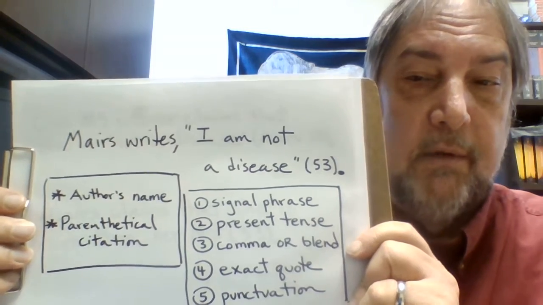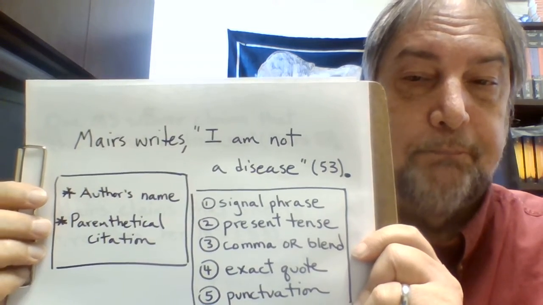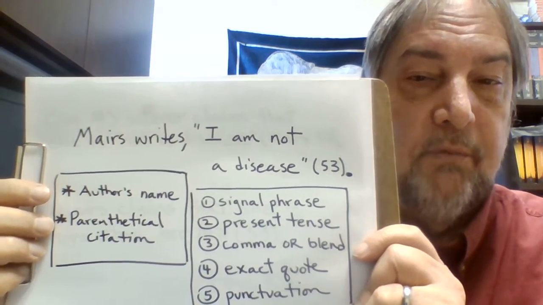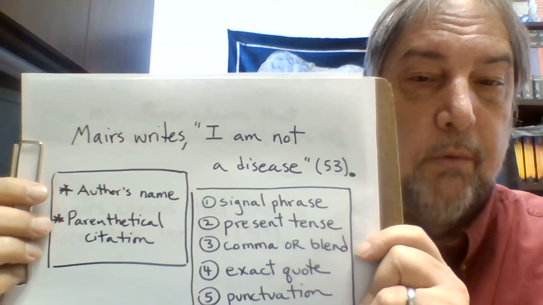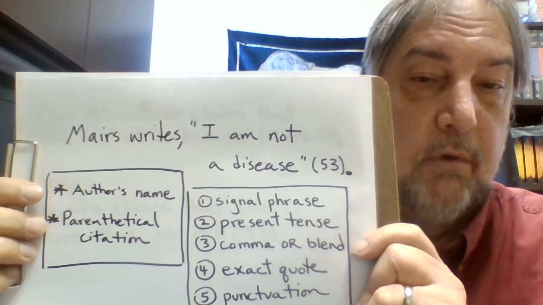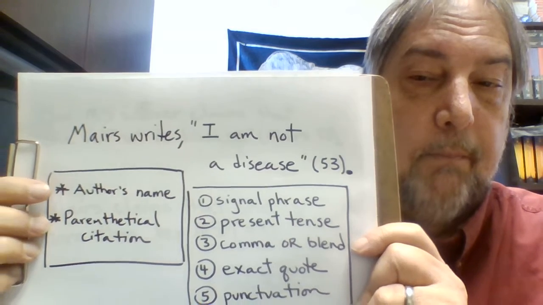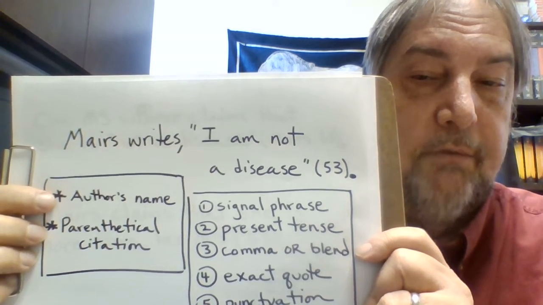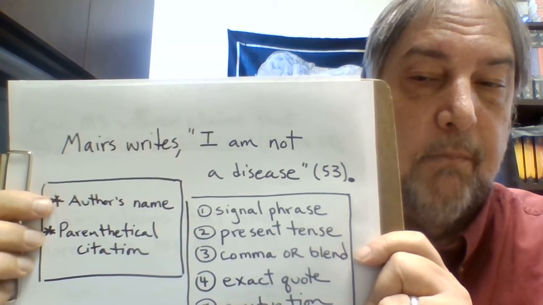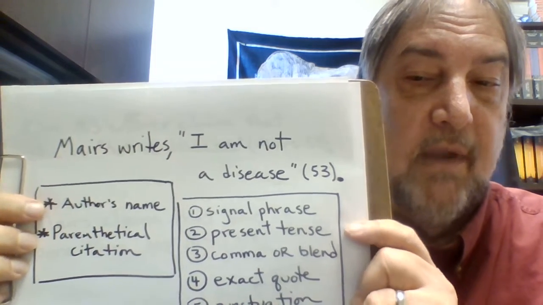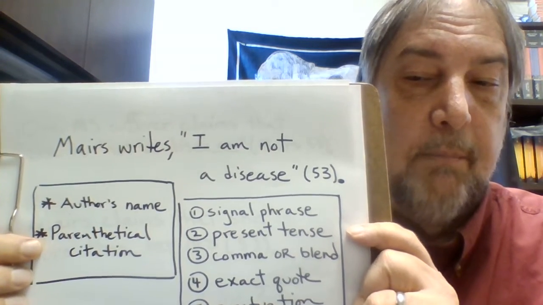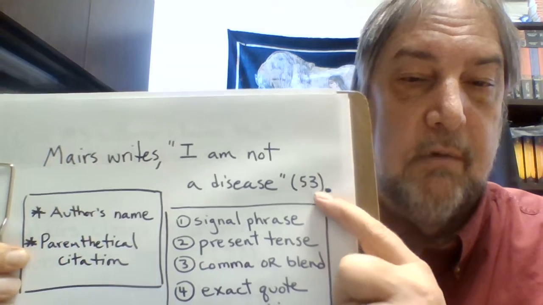The most important thing to remember is that when introducing the source material or the quotation, often, students must present the author's name. The bare minimum is the author's last name, and a parenthetical page citation.